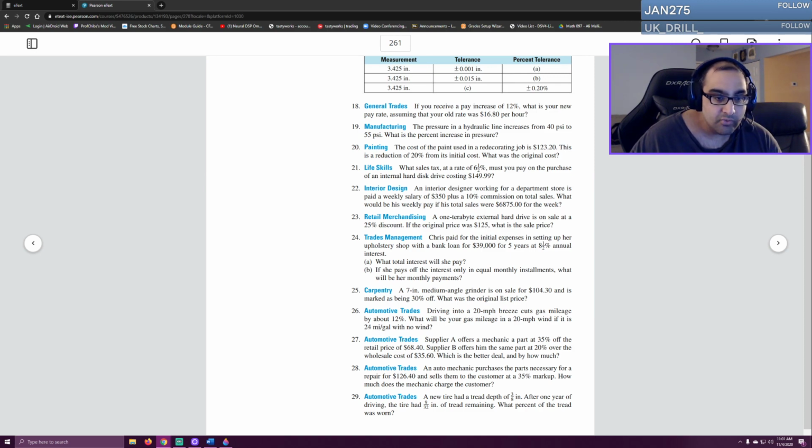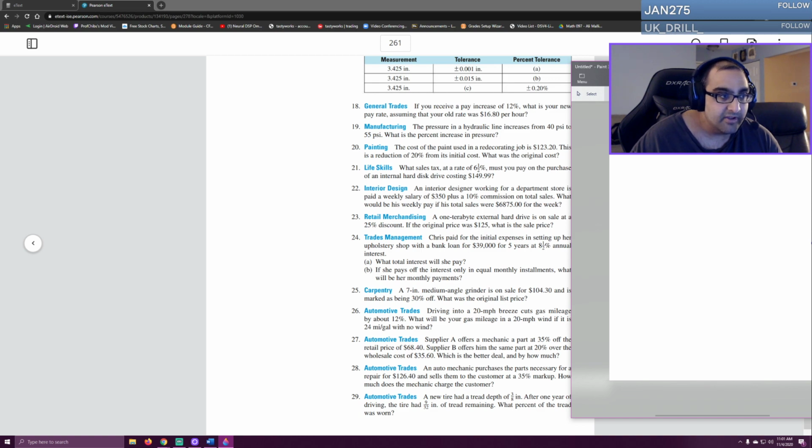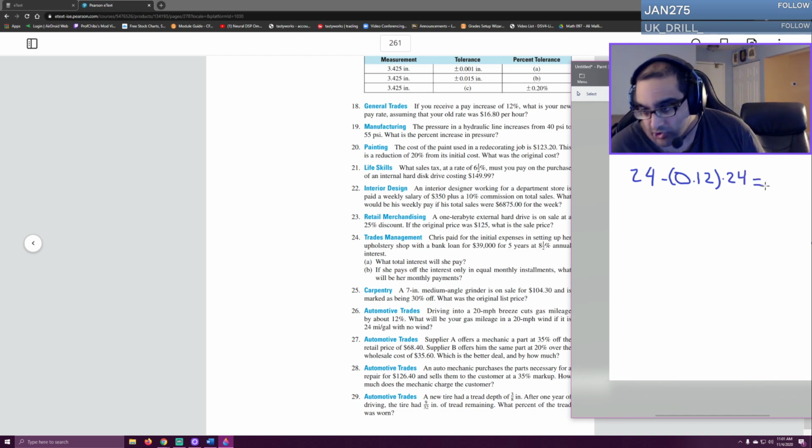What we should do is set it up this way. Our original amount is 24. So we're going to have 24 minus 0.12, which was correctly stated, times 24 again, because 24 is the original amount we have in this particular problem.